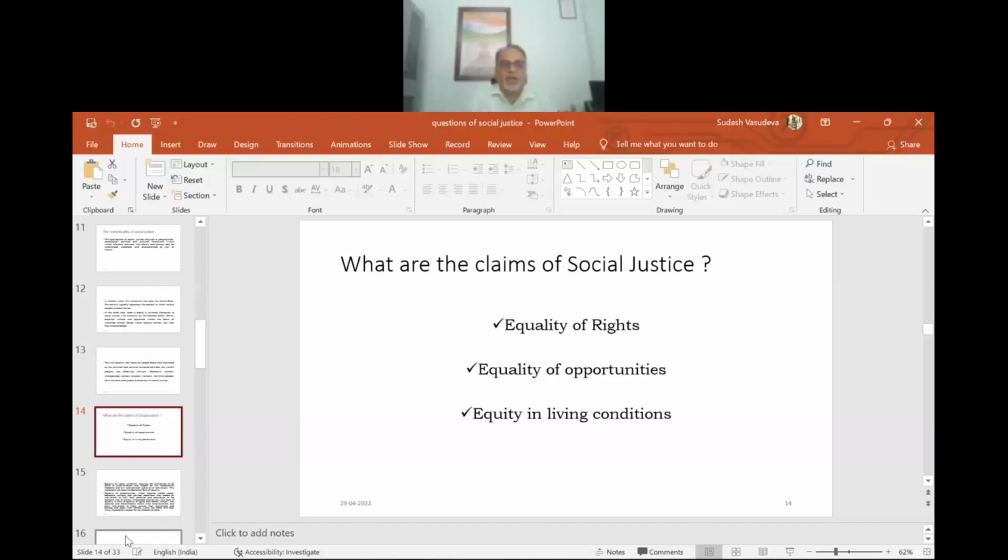So duty or nyaya, and later its propagation in the backdrop of liberty, equality, fraternity by various social reformers, including Dr. Ambedkar, institutionalized the conversation on social justice into the Constitution of India.